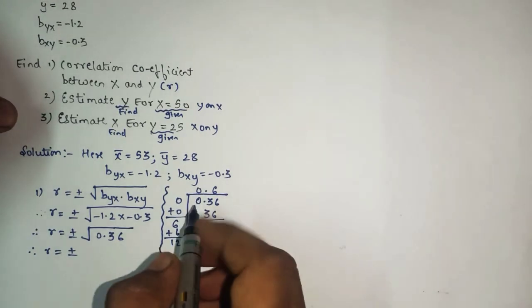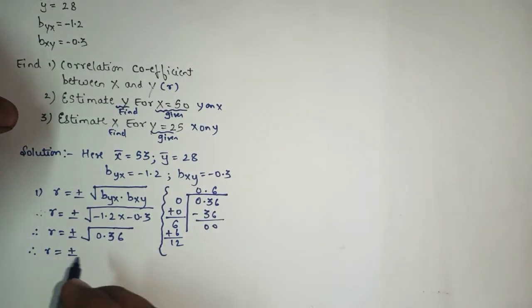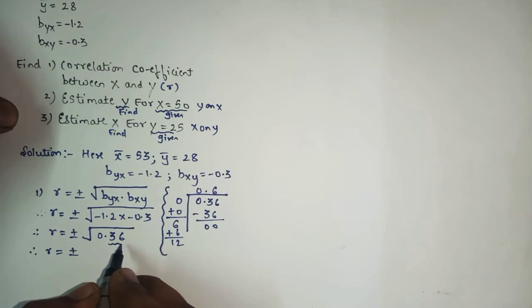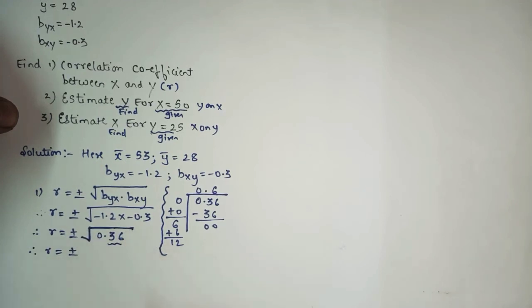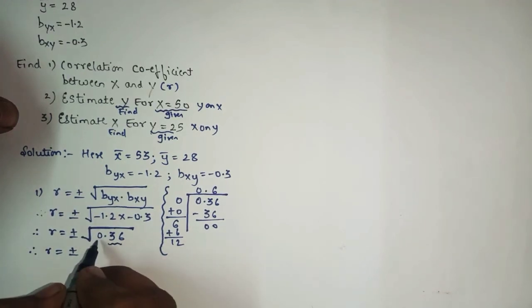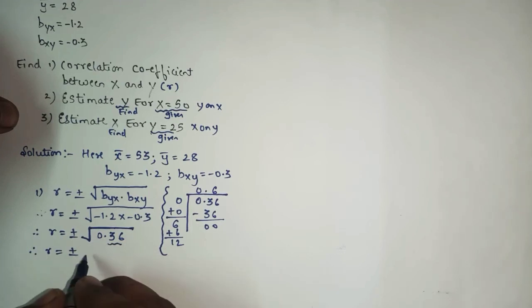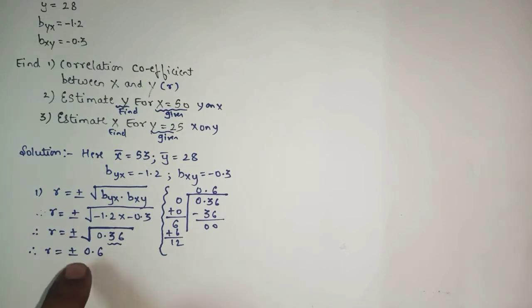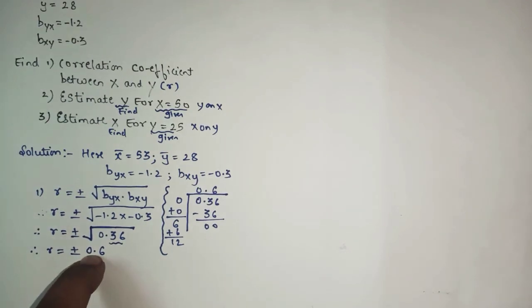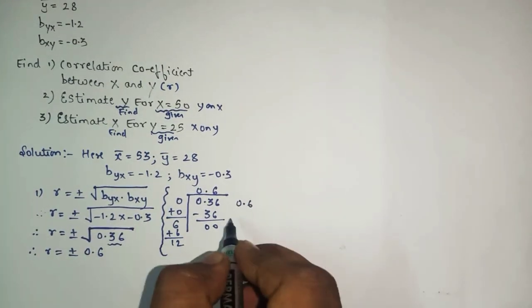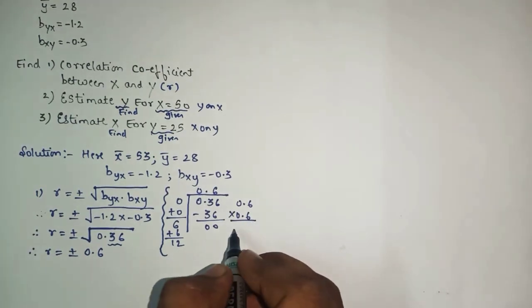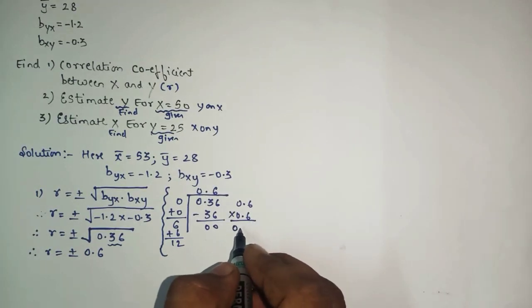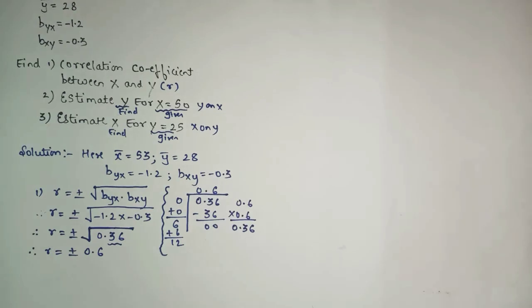Without using it also we can find our answer, because here clearly we can see that the square root of 36 is 6, but here we have 0 point. So can I say the answer will be 0.6? Logically the answer will be 0.6, because when you multiply 0.6 into 0.6, the answer will be 0.36.